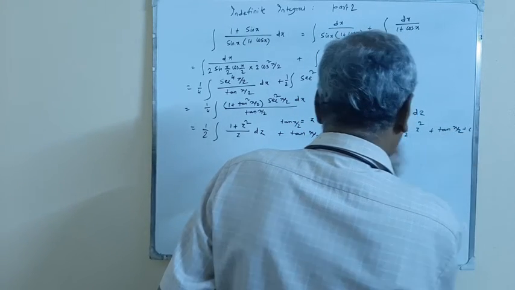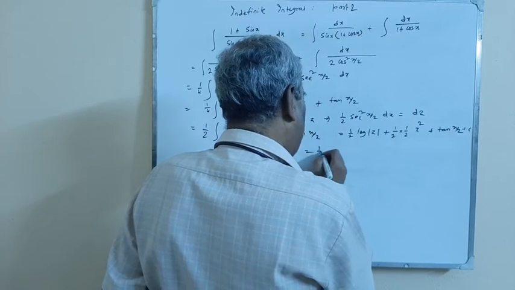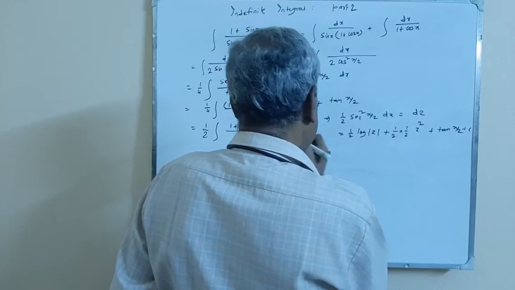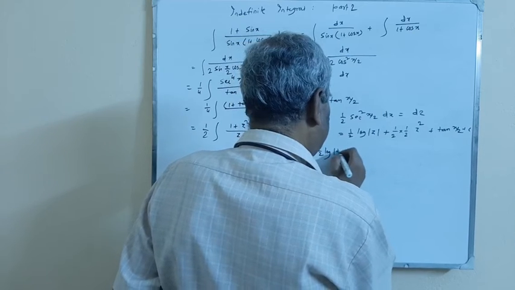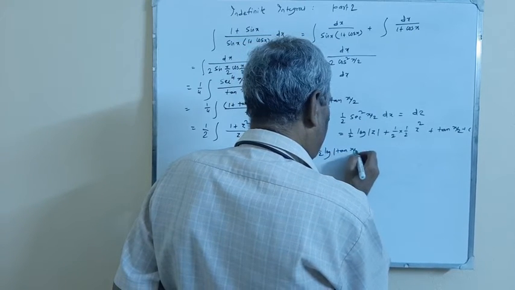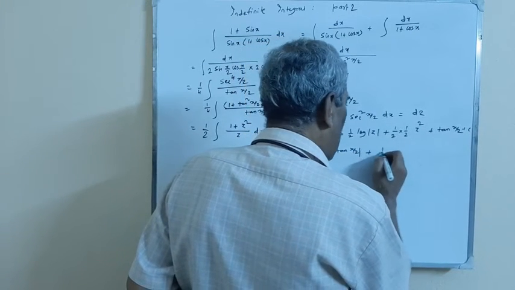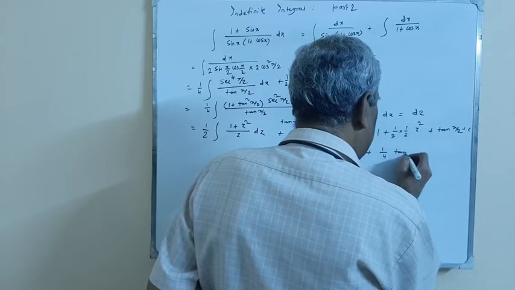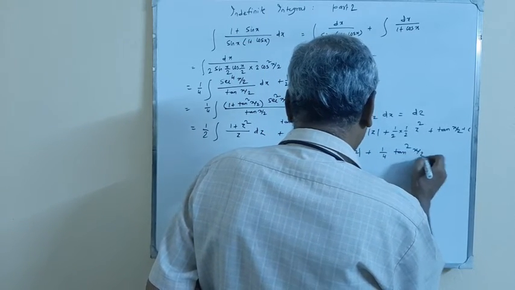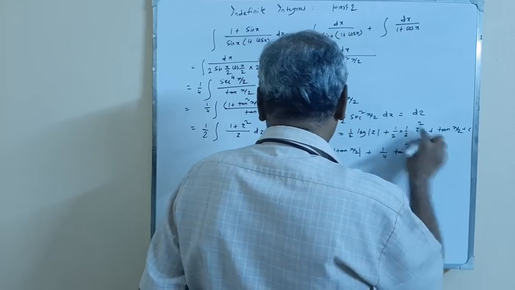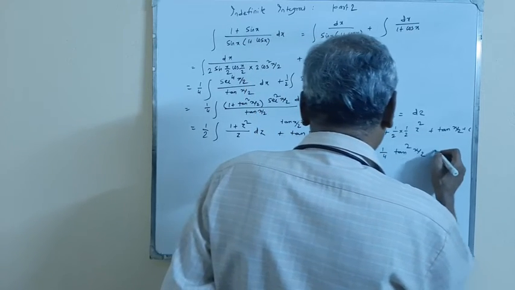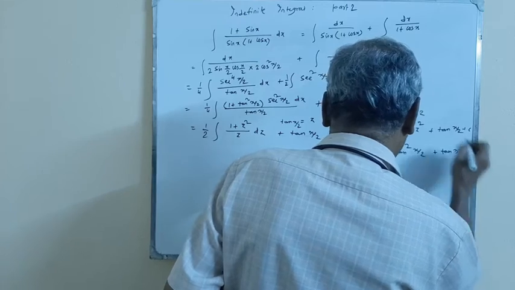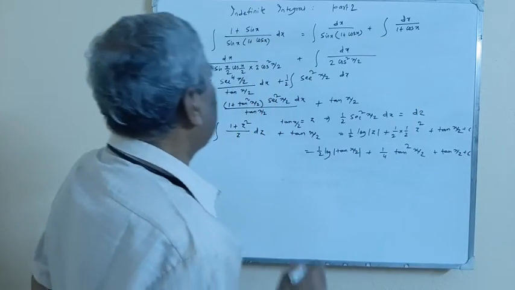So it is equal to half log of mod z, where z means tan x by 2, plus 1 by 4 z square, which is tan square x by 2, plus tan x by 2, plus c. And this is our answer.